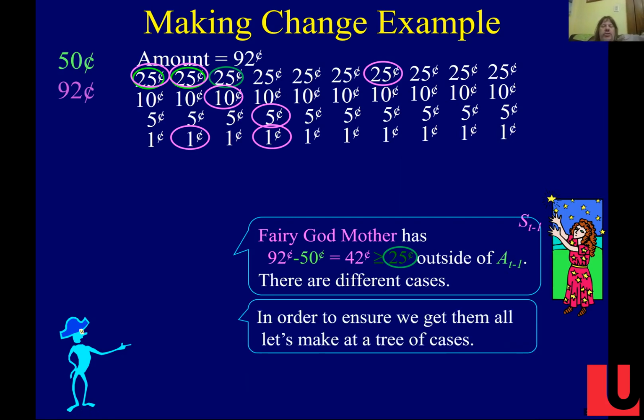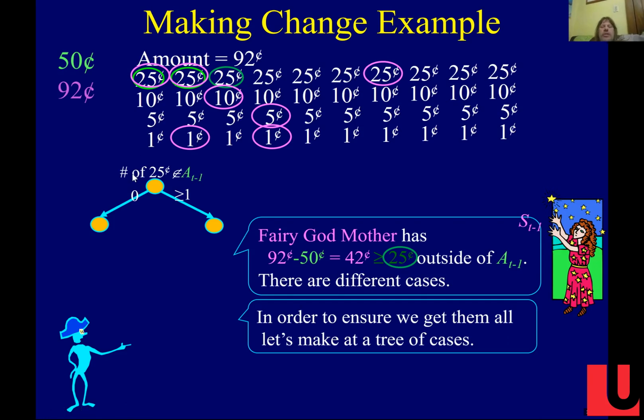In order to ensure we cover all the cases, let's build a tree of cases. What we're trying to do is consider what she has, at least 25 cents, or 42 cents of coins, outside of A t minus 1, and what those cases are.